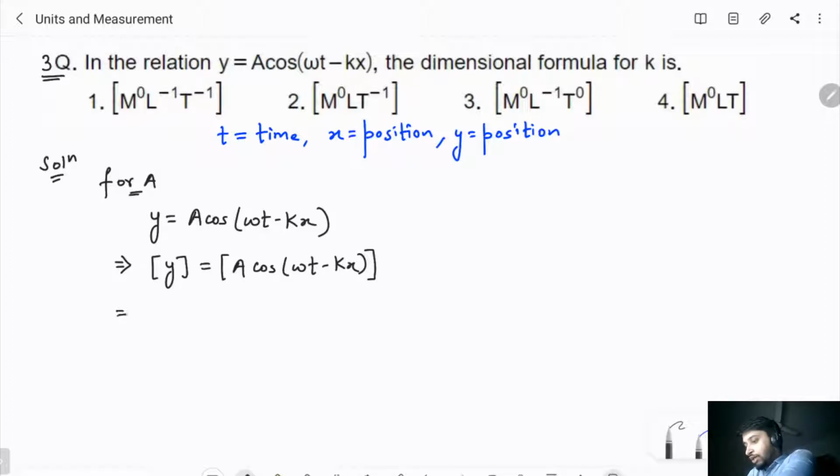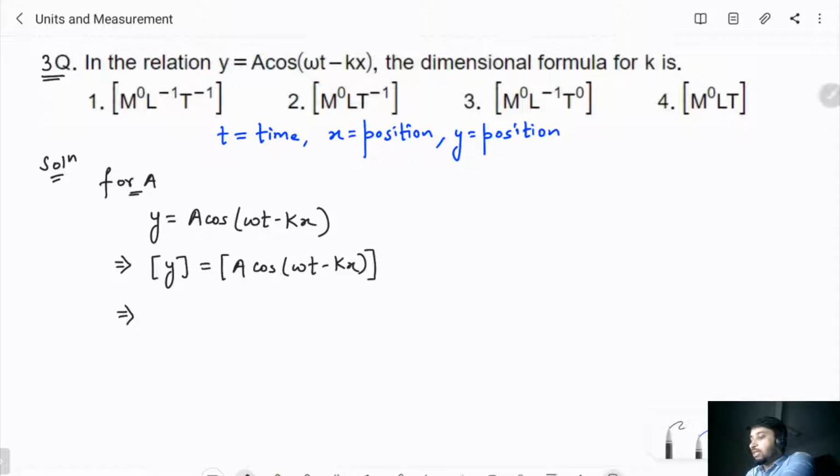In the earlier videos we have seen that trigonometric ratios, like sine theta, cos theta, are dimensionless.